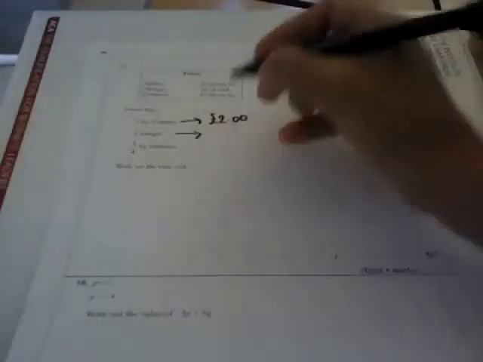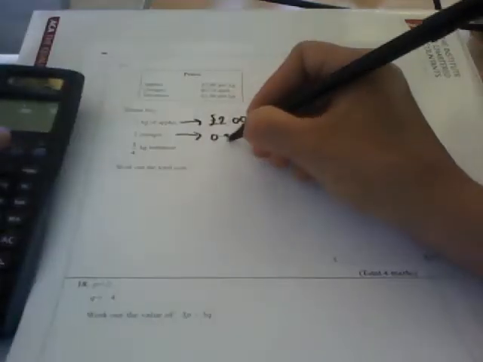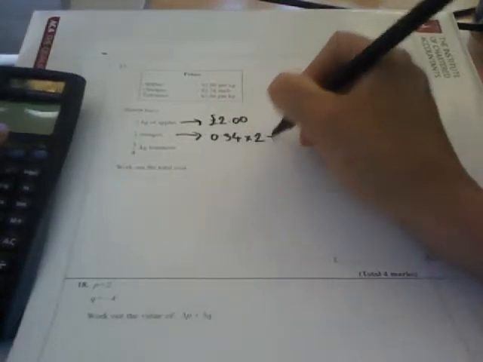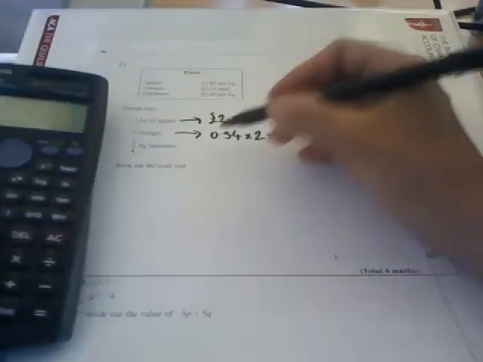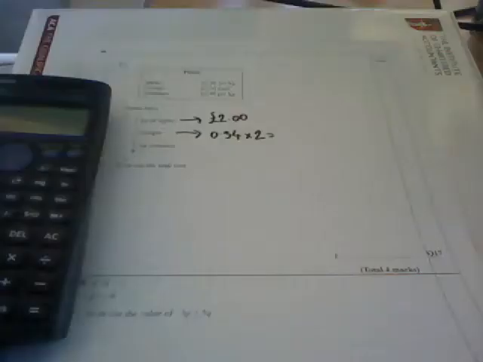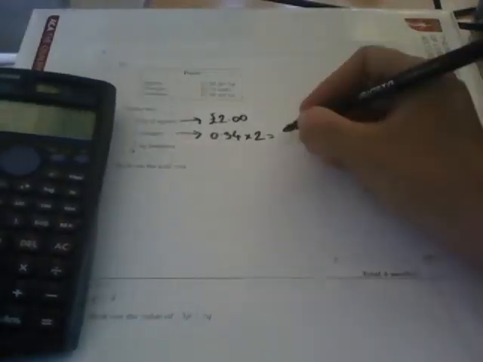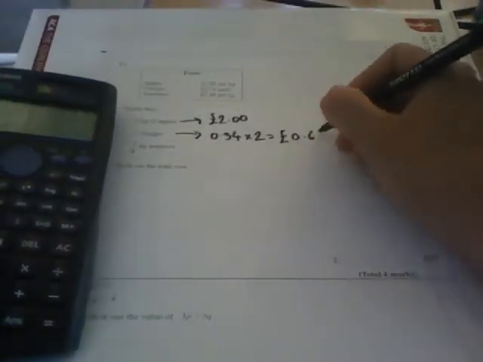Oranges are 34p each, so I need to work out what that would be for 2 lots. I could either do 34p add 34p or 34p times 2. The thing I must do is type it into my calculator as 0.34 because it's no pounds, only 34 pence. So 68 pence in total.